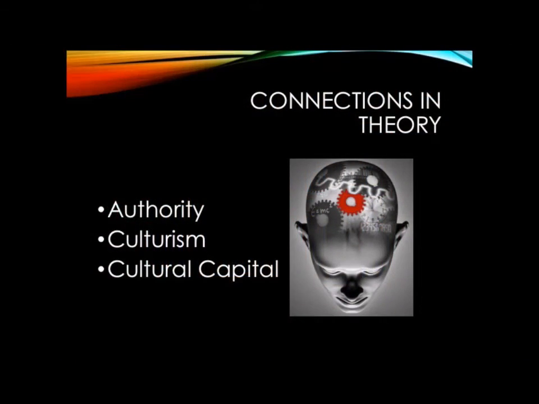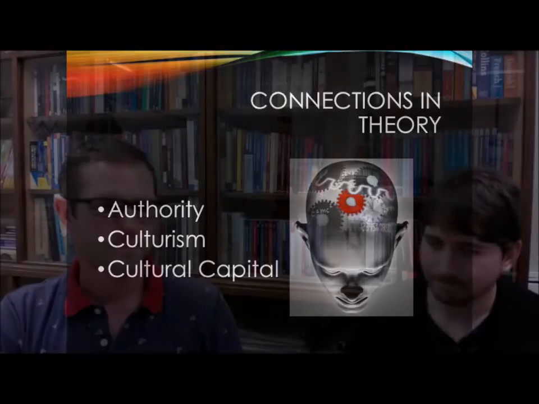So we'll talk about three things that we think are quite key in the connections between native speakerism and authenticity. Right. Yeah. So there are three points that are all connected and lead on from one another: authority, culturism, and cultural capital.